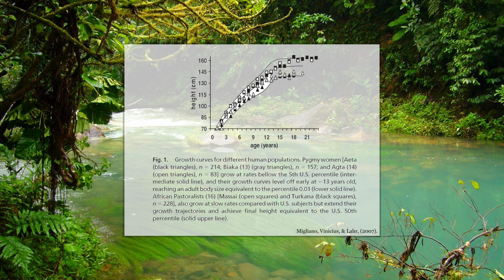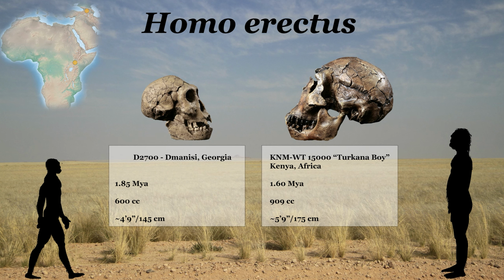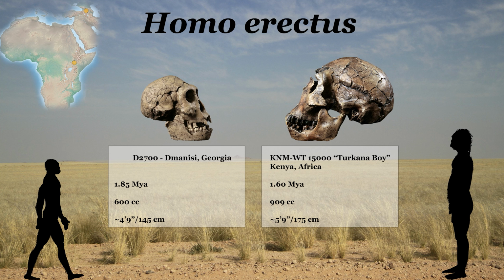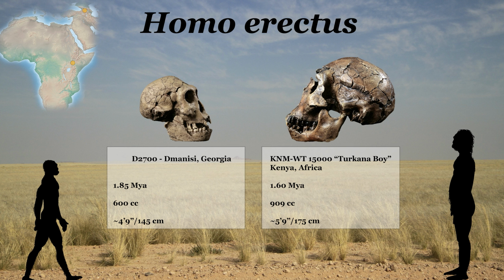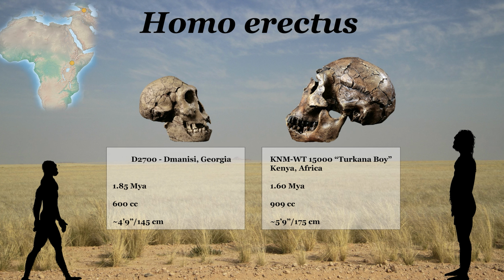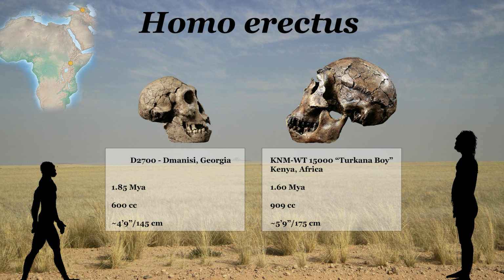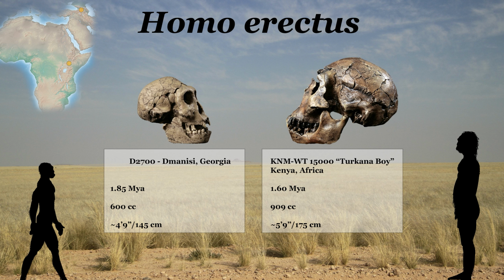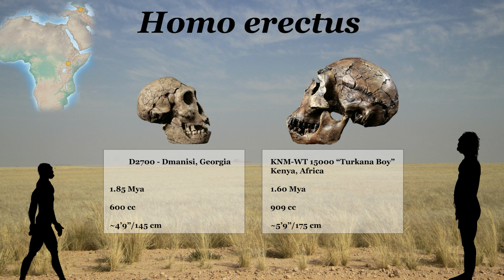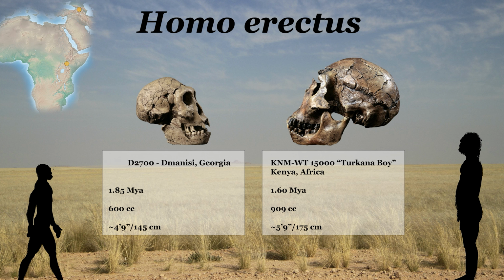And even in Homo erectus itself, there's wide morphological variation. I mean, even these two individuals themselves are on opposite ends of the spectrum. D2700 from Georgia is estimated to have been about 4 foot 9 inches, or 145 centimeters tall, and would have had an adult brain capacity of somewhere around 700 or 750 cubic centimeters.